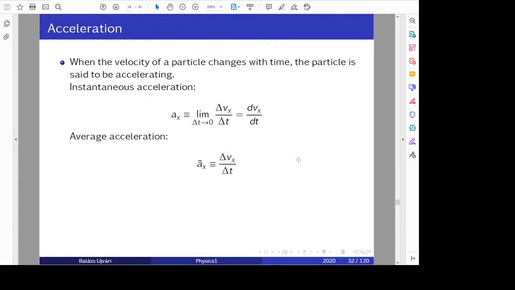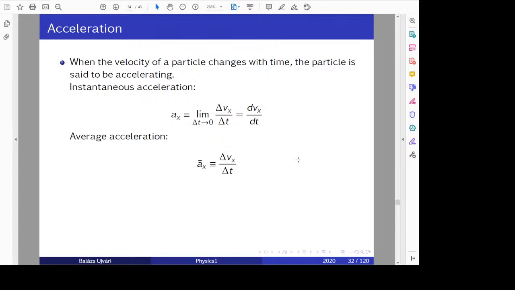Also, in some cases, not only does the position of the particle change by the velocity, but also the velocity of the particle changes. We can also talk about average acceleration by measuring the change of the velocity divided by the time interval.